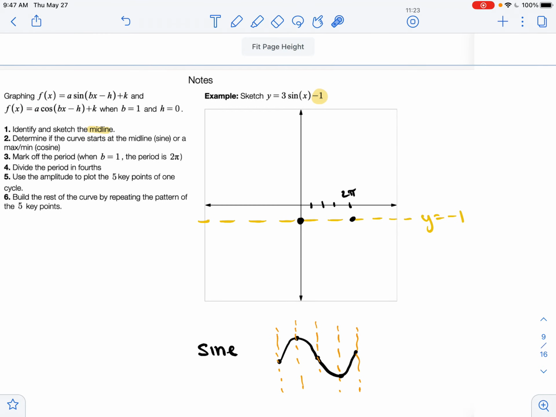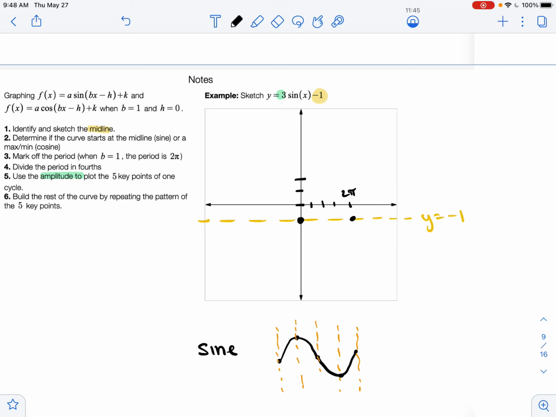Okay? So step 5 says use the amplitude to plot the 5 key points of the cycle. So our amplitude is 3. That means from my midline up to my max should be a distance of 3. So we're down at -1, 0, 1, 2. So that would be 1, 2, 3.